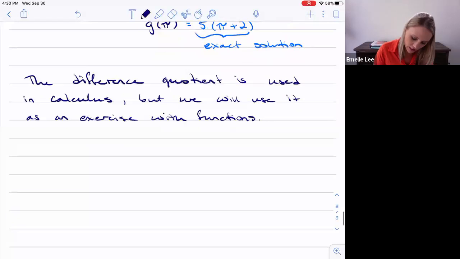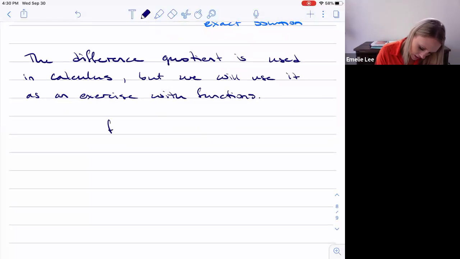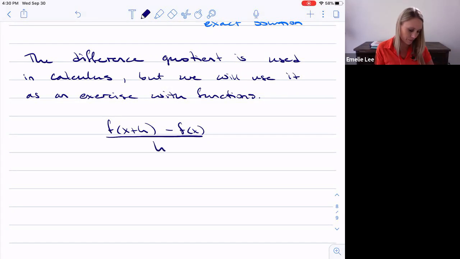So the difference quotient is f of x plus h minus f of x, divided by h. Looks reasonable enough, right? The idea being, okay, you take x plus h as your input, and then you take your x as your input, and then depending on the function, you'll be able to simplify, and usually the h cancels out.